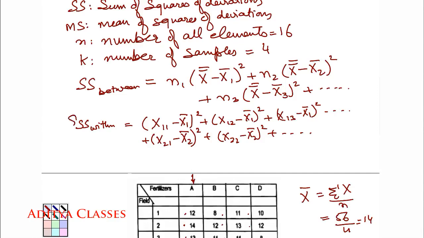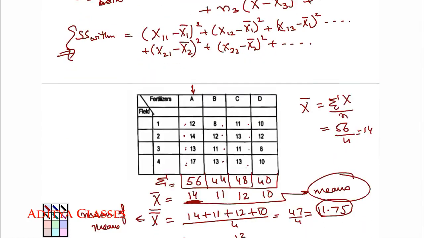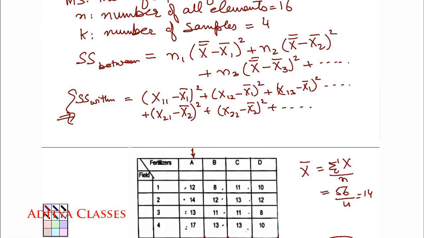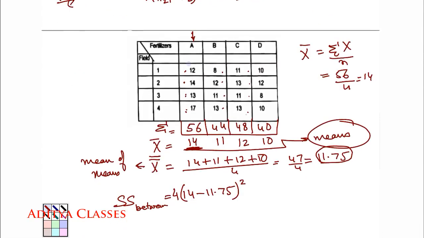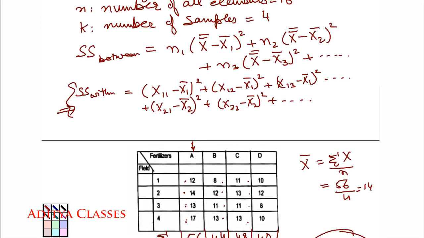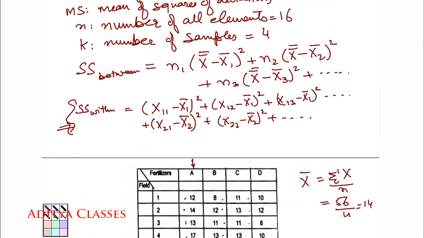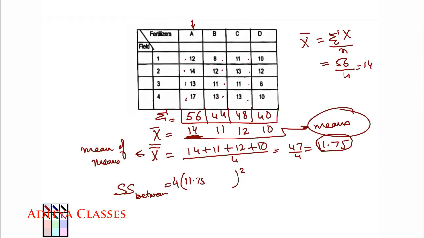Now this formula particularly seems very confusing for now, but when we solve it, you'll see it is very easy and straightforward. Anyways, for now what I need is n1 times (x double bar minus x1). Sorry, it should have been x double bar minus x1. So it actually should have been 11.75. In any case, it is squared, so we can use it either way.